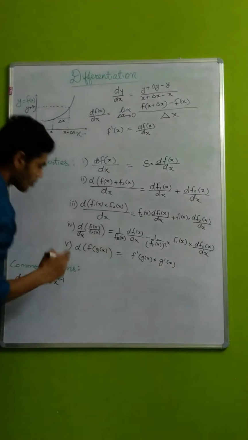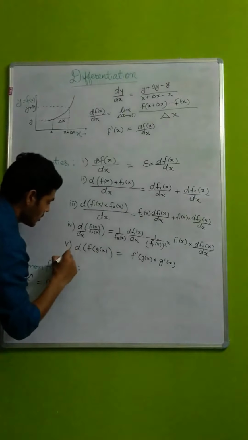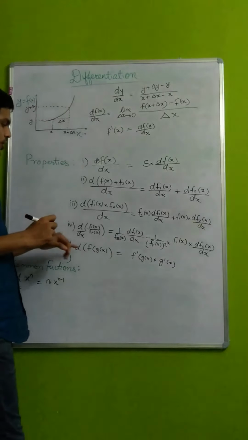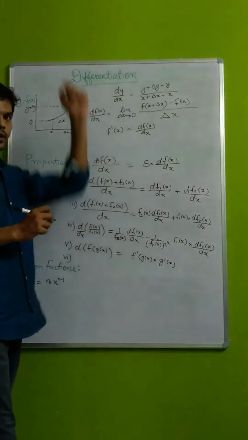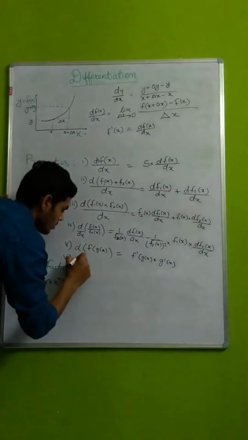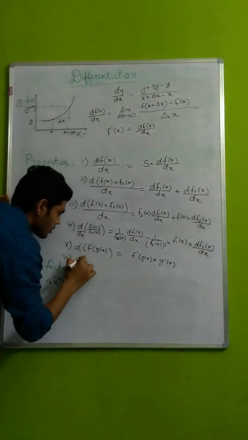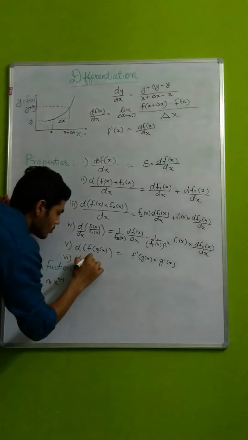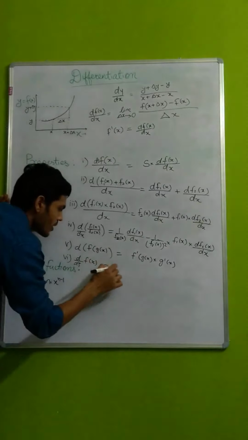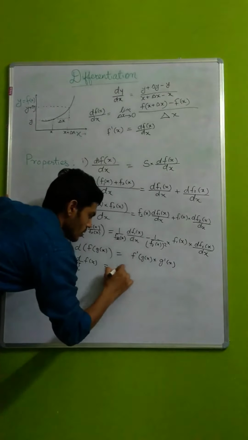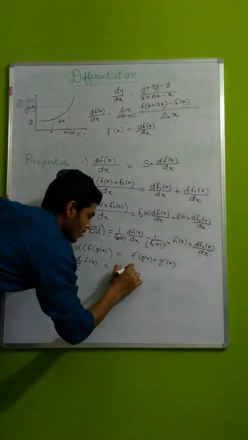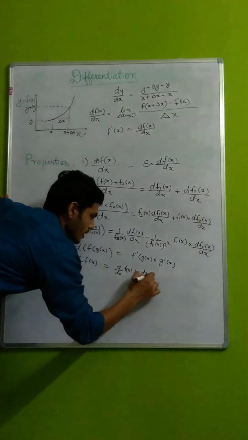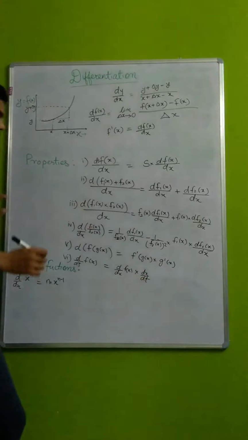There is another property of differentiation, that is if we have to differentiate with respect to some another variable, then suppose d by dt of f of x can be written as d by dx of f of x multiplied by dx by dt.